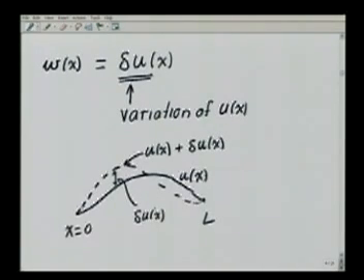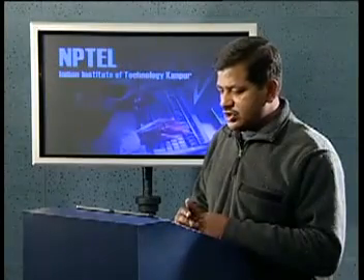So whenever we are talking of this variation of u, it is as if I am taking a function in the neighborhood of the function u and taking the difference of those, that we can call as the variation of the function u(x).